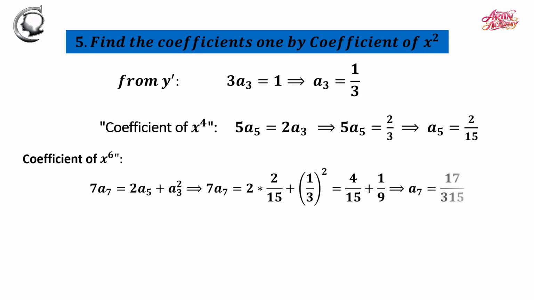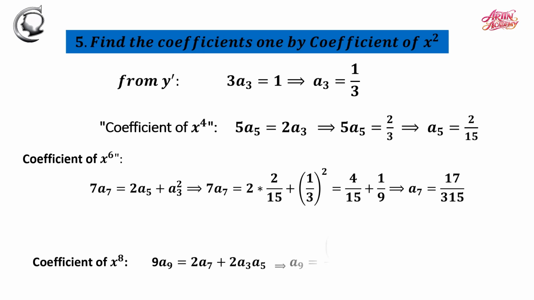So 7a sub 7 equals 4/15 plus 1/9. Using a common denominator, 7a sub 7 equals 12/45 plus 5/45, which equals 17/45. Therefore, a sub 7 equals 17 over 315.